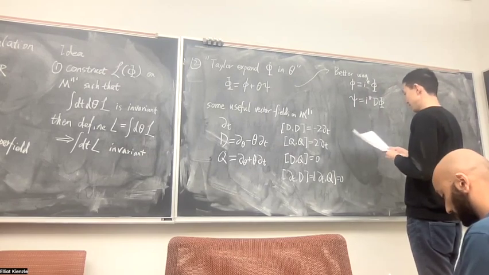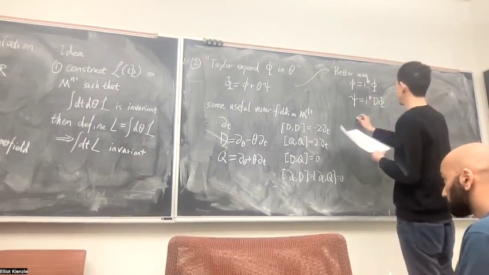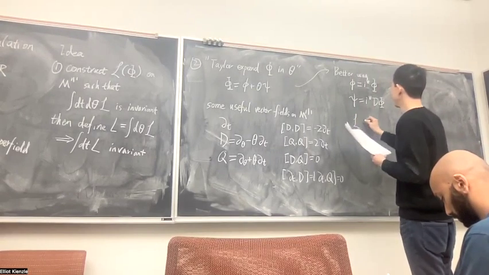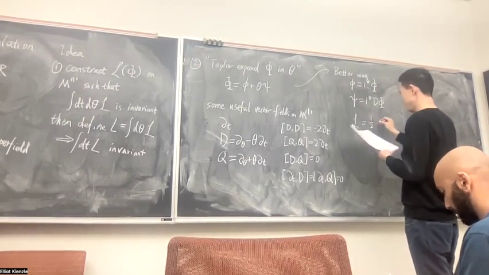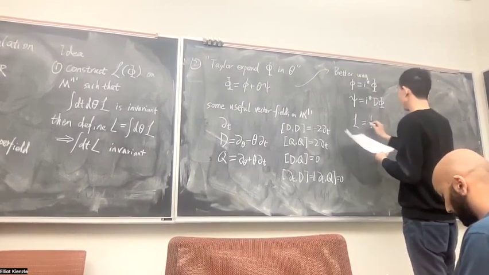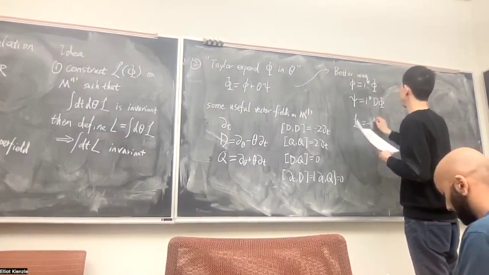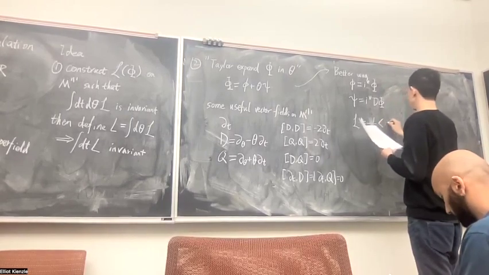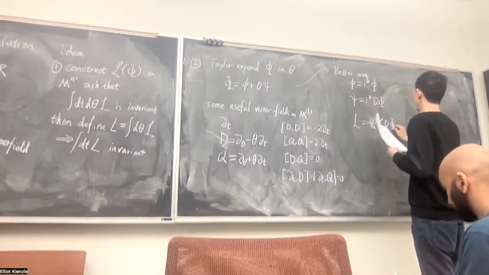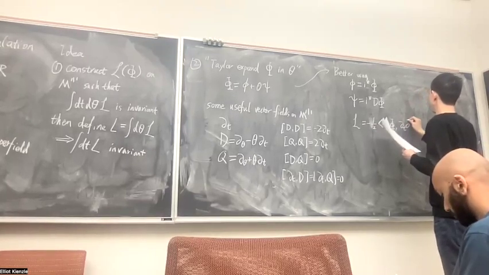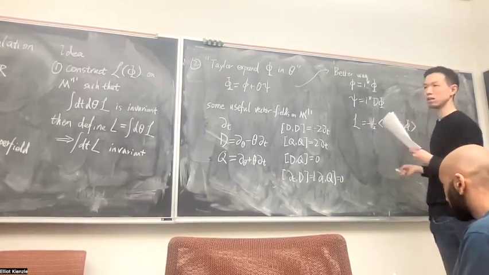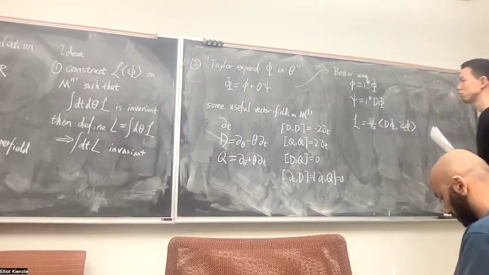So now we can write down our Lagrangian, which is going to be 1/2 minus 1/2 of the pairing between D phi and the partial. When you write commutator, does it really mean commutator?